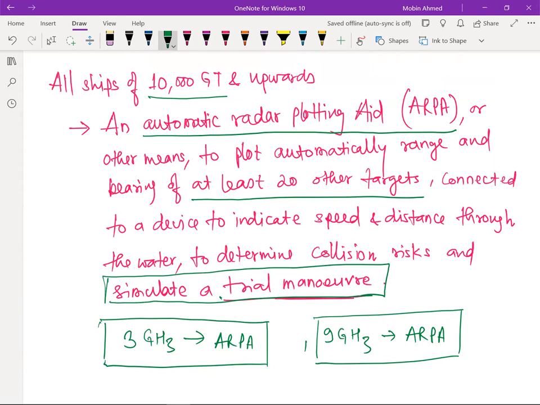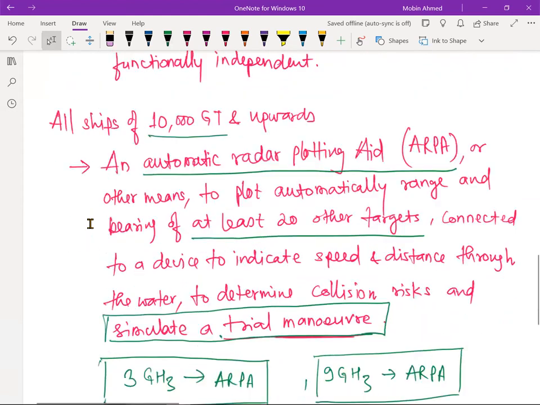Trial maneuver means we simulate the targets and maneuver our own ship, in the simulator itself. So that is known as a trial maneuver, only for practice. Hope it is clear up to here, the regulations.